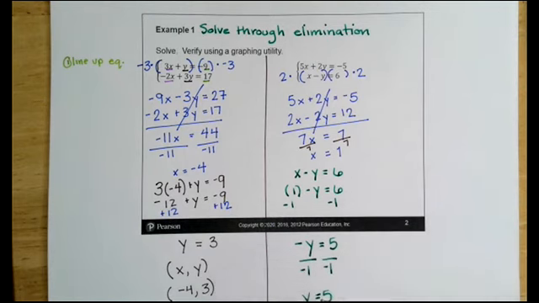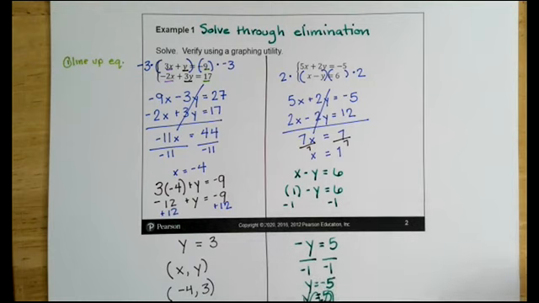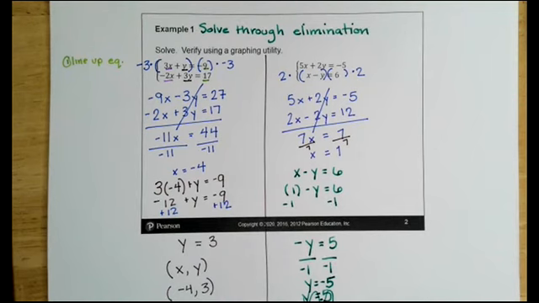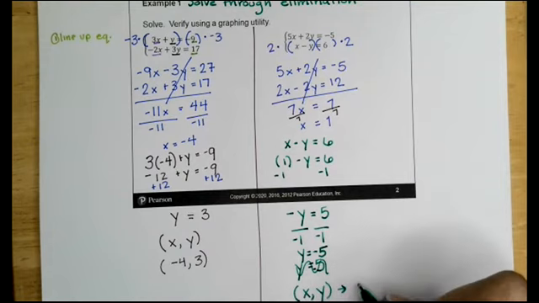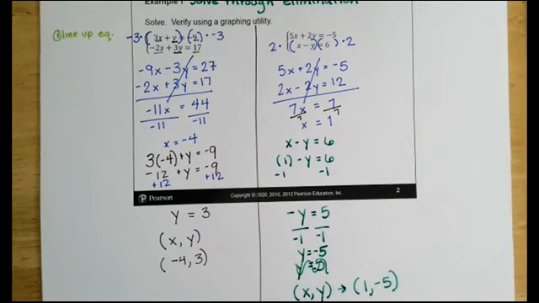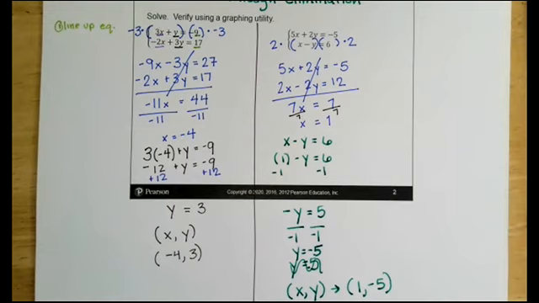Negative 5. So here my x, y point is 1, negative 5. All right, now I'm going to show you how to check it in Desmos.